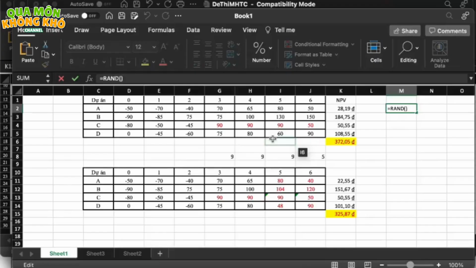And the next session, we will deal with simulation modeling in stock price and in portfolio investment. And then we apply the simulation to calculate the value of the option.